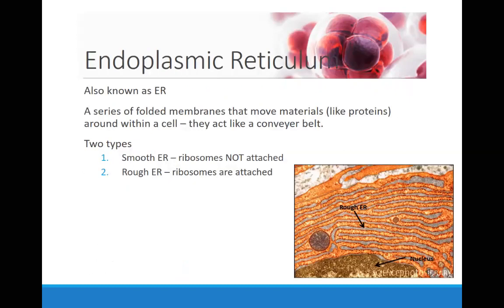The next of the organelles is the endoplasmic reticulum, more commonly known to most people as the ER, because endoplasmic reticulum, as fun as it is to say, is a mouthful. And there are two types of endoplasmic reticulum. We have the smooth ER and the rough ER. But both of them are going to transport materials within the cell.